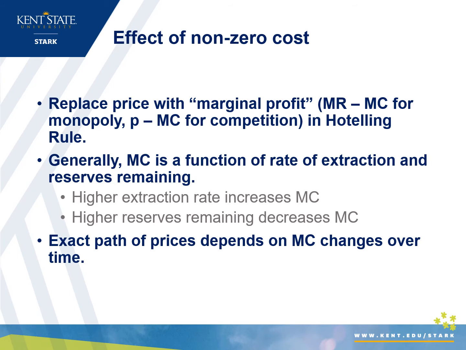This is something that we've seen basically in any form of resource extraction. We've gotten better at it over time, that is, the marginal cost has declined because of technological advancement. Now, it's offset somewhat by the decrease in the number of reserves available, but just to say, marginal cost is going to change over time in a way that is not entirely predictable.